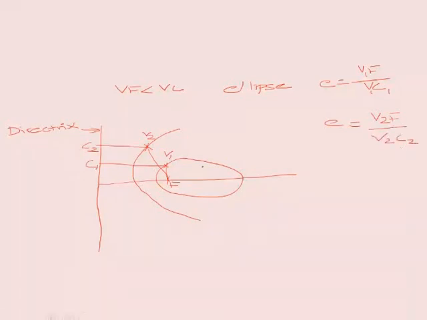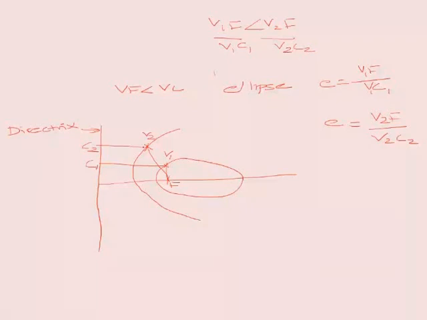So look at this. If I ask you, V1F and V2F, which will be greater? V2F will be greater because, from a common focus, it is obviously lengthier than V1F. And I'll ask a second question: V1C1 or V2C2, which one will be greater?